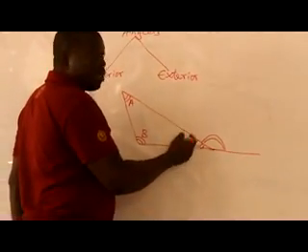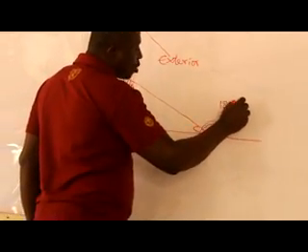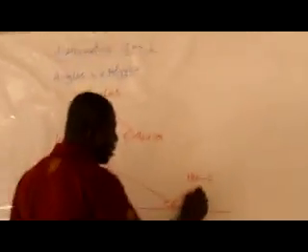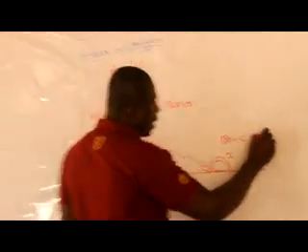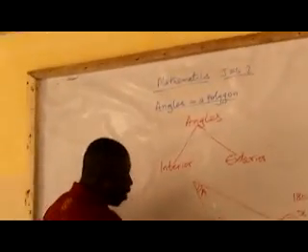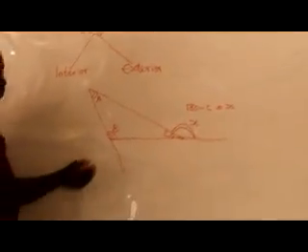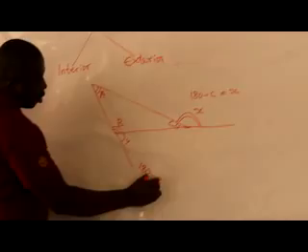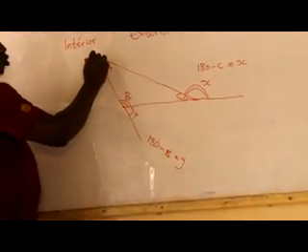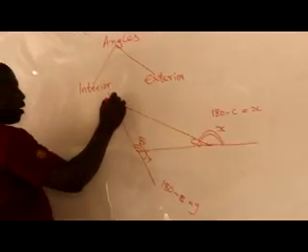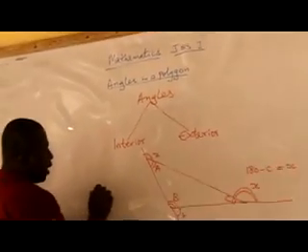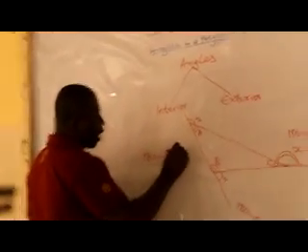So to get this C inside here, we have 180 minus C, which will give us X. The same thing happens if we have an angle extended here, assuming that this is Y. To get Y, it will be 180 minus B, that is equal to Y. Assuming we also have this, this is angle Z. To get angle Z, we have 180 minus A, which gives us angle Z.